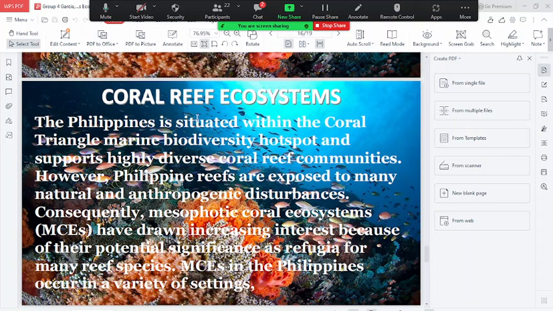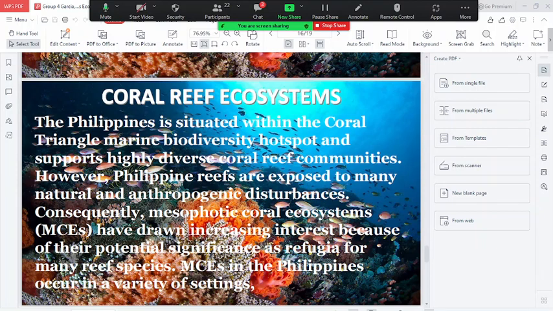Coral reef ecosystems. The Philippines is situated within the Coral Triangle marine biodiversity hotspot and supports highly diverse coral reef communities. However, Philippine reefs are exposed to many natural and anthropogenic disturbances.